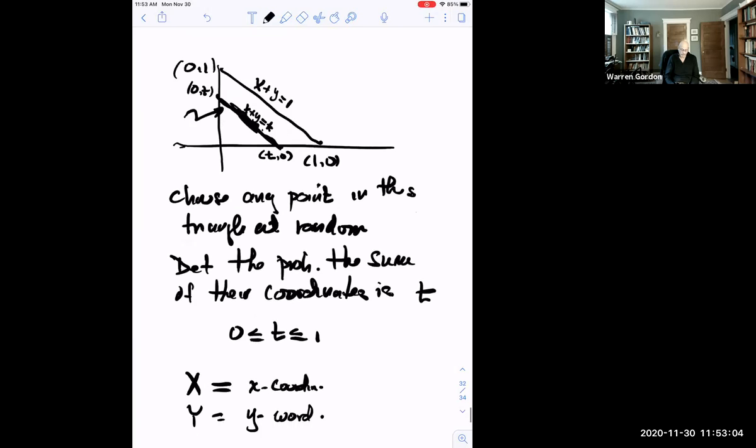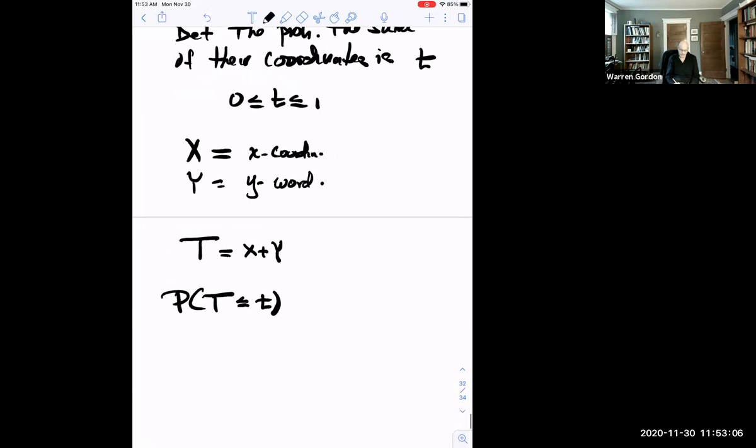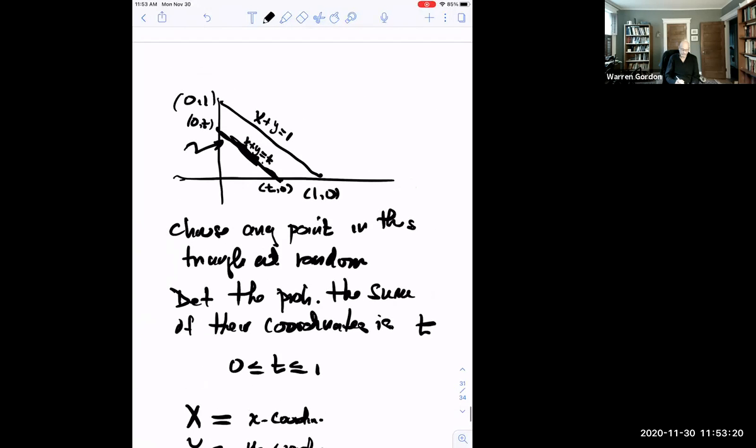Well, if everything is uniform, notice that this is a trivial problem. This is the area of the small triangle over the area of the right triangle. What is the area of this small triangle? It's 1/2 the base times the height, which is t squared over 2. The area of the large triangle is 1/2 times 1 times 1.